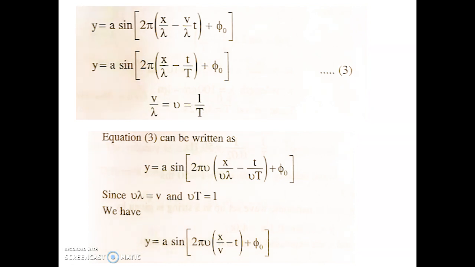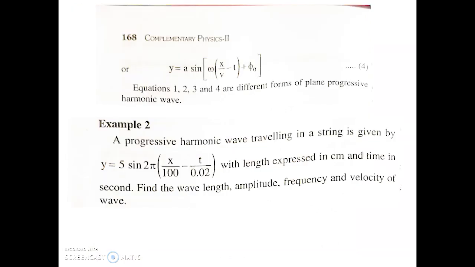And again, we have nu equal to 1 over T. So again, you can rearrange this: 1 by lambda can be written by multiplying and dividing the numerator and denominator by nu, and based on v equal to nu lambda and 1 over T equal to nu, you can see that the same equation can be written as y equal to a sine 2 pi nu into x by v minus t plus phi 0.